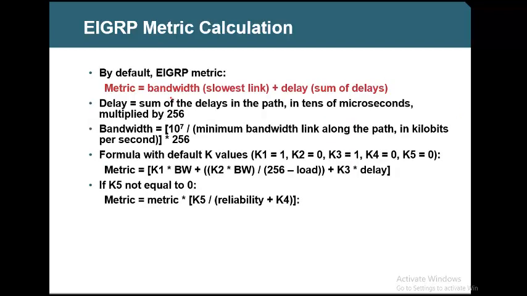Metric is equal to slowest link bandwidth plus sum of delay. What does that mean? When someone is asking you for the metric of EIGRP, this is what your answer needs to be. Metric of EIGRP is equal to the slowest link bandwidth plus sum of delay. That's all. Or if you cannot remember slowest link, at least you need to say bandwidth and delay.